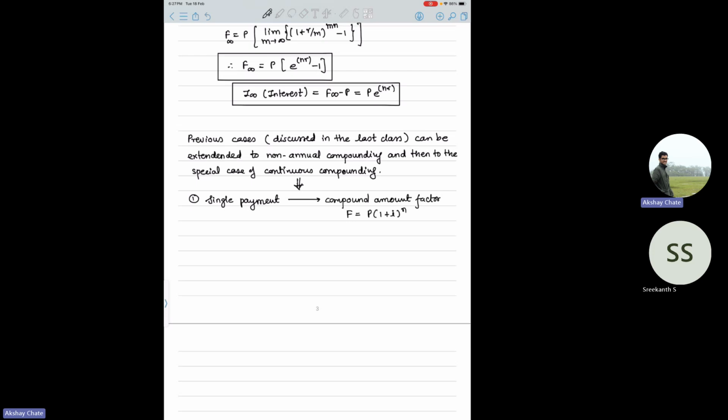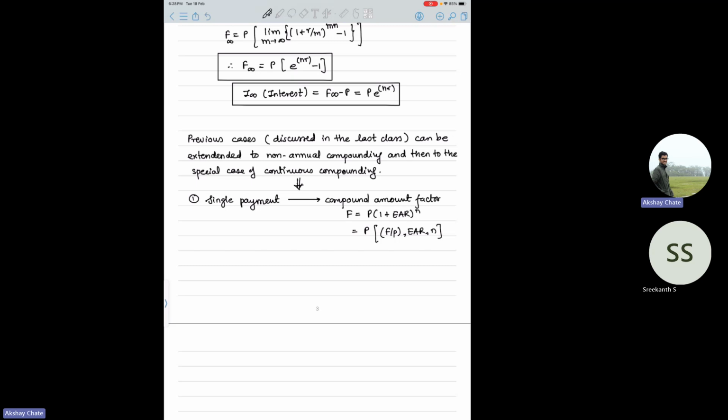But now, whatever the problem you have, you first need to calculate EAR, the effective annual rate, and then put that in this bracket. So it will be (EAR) power n, or in our other notation, if you have interest tables, it will be F by P comma EAR comma n. The formulas remain the same; only in place of I you put EAR.